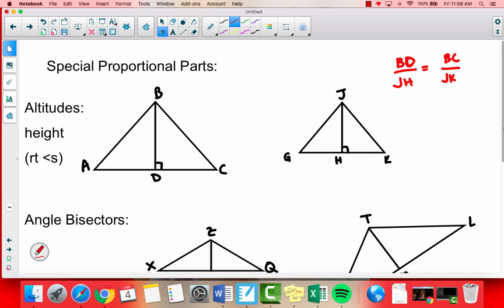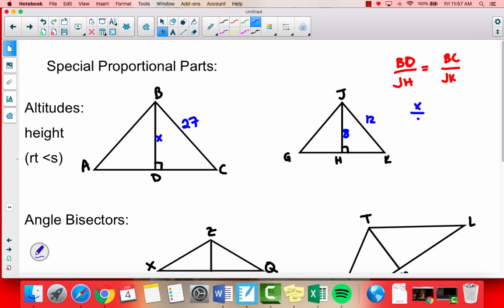Then you could just set up an equation and solve. That might look something like this. Maybe I tell you that the altitude here, we don't know the height, and then this side here we've put 27. And then on the other side, we could put the altitude as 8, and the side here is 12. I just fill into my proportion, and I solve. There's more than one way to write this.